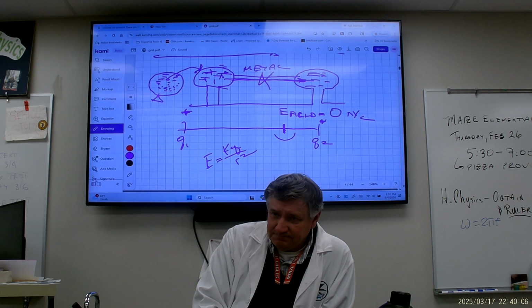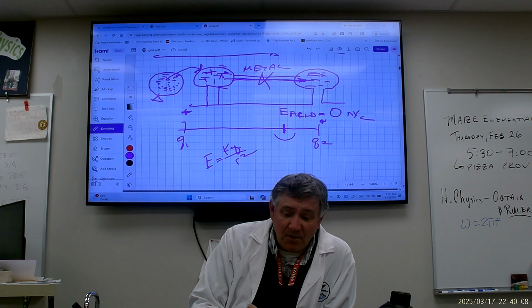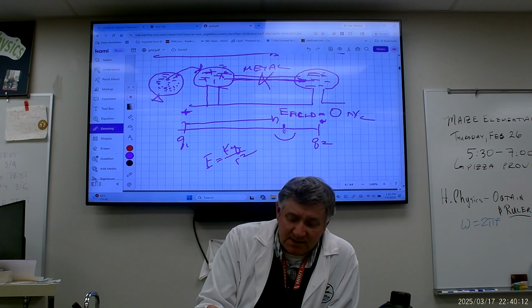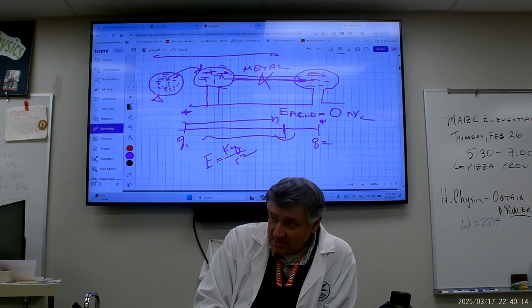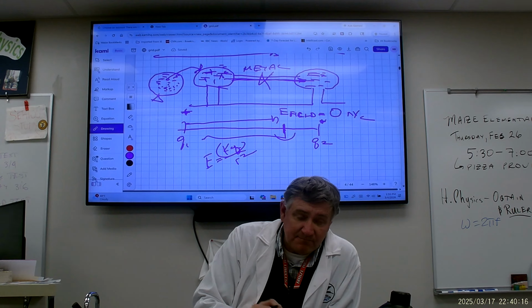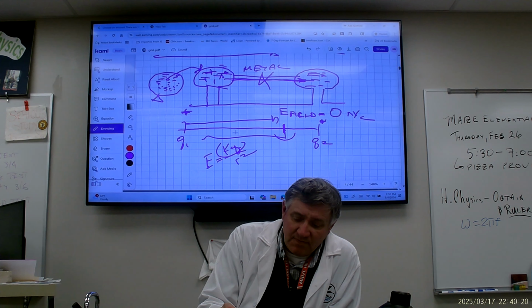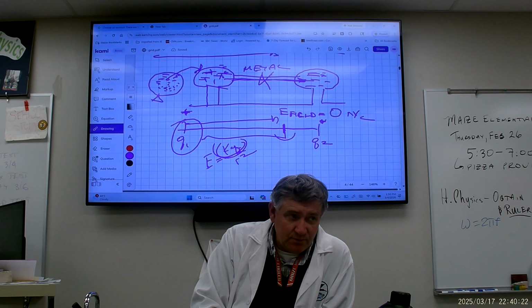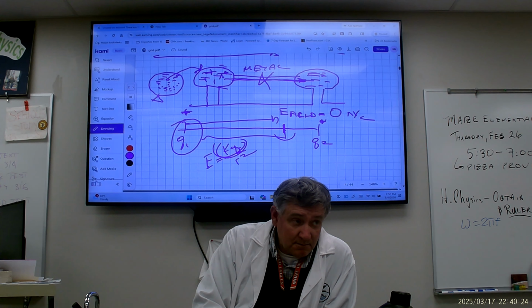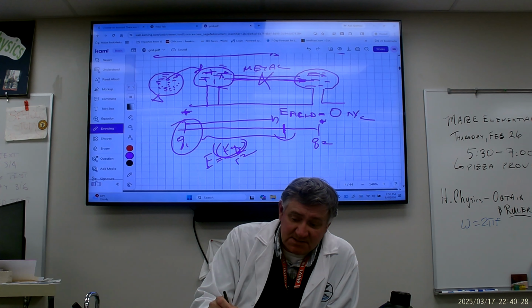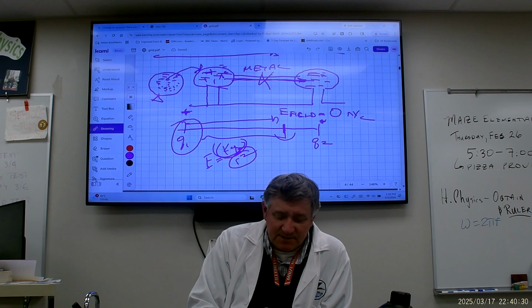Therefore, since this field here is a greater distance, that's the only way that can balance that out. So that Q1 has to be bigger or smaller? Bigger, because it has a greater distance.